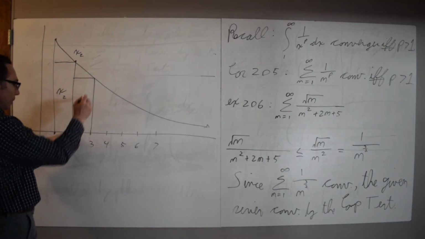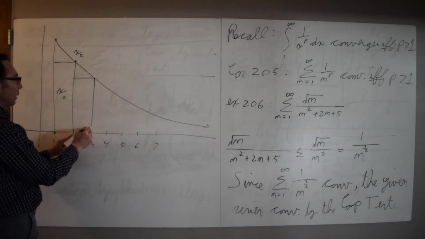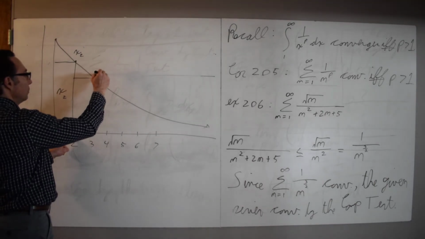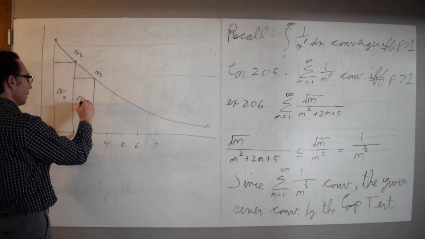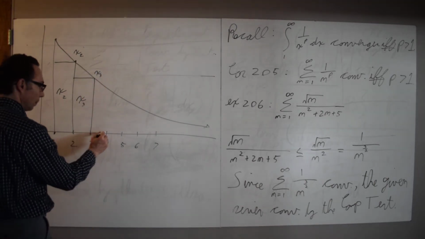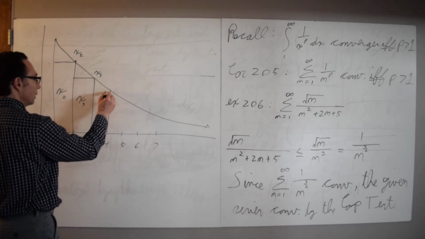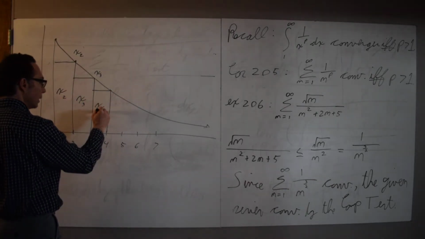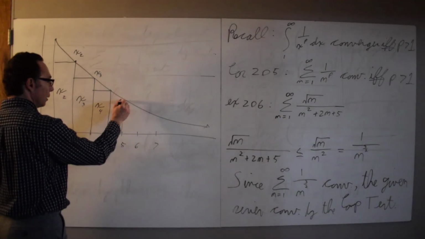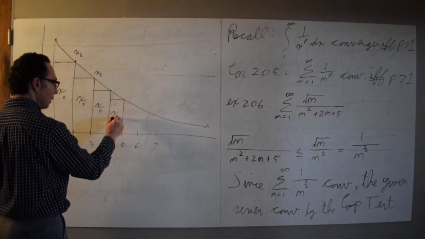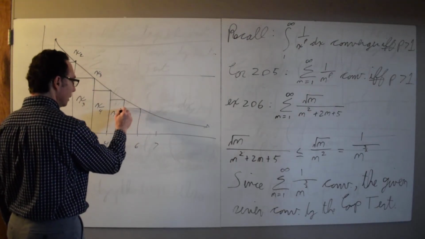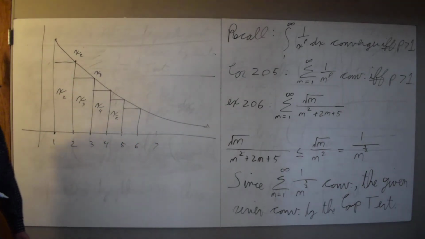This rectangle here has width 1 and height x sub 3, so it has area x sub 3. Likewise, this rectangle has area x sub 4, this rectangle has area x sub 5, etc.